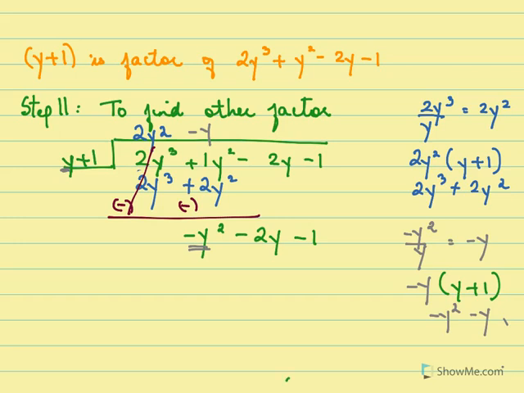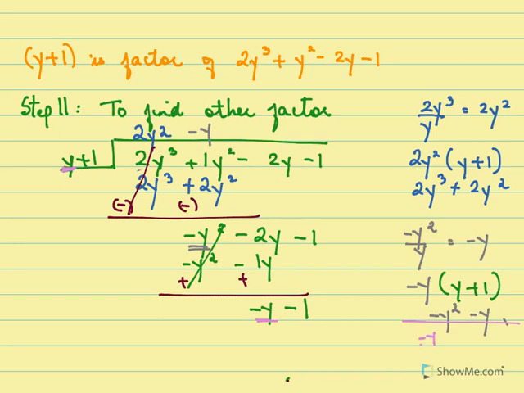So you write that now here, minus y square minus 1y. And we need to change the sign to subtract. So minus becomes plus, this cancels out. Here minus 2y plus 1y will be minus y minus 1. Now the last step, we divide minus y by y.